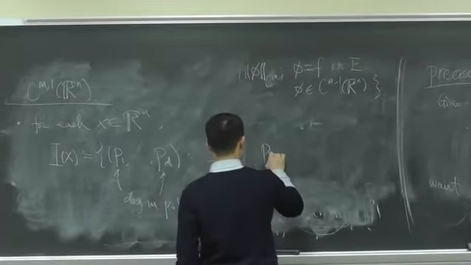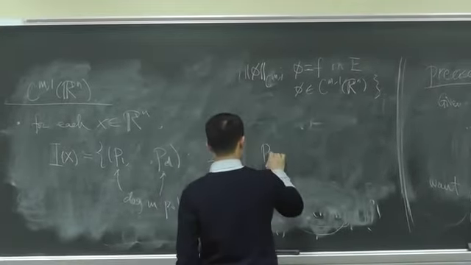So this is an extension property. On all of R^n, you just ask to match this function with some error. This is the error. So it's more or less an extension problem.